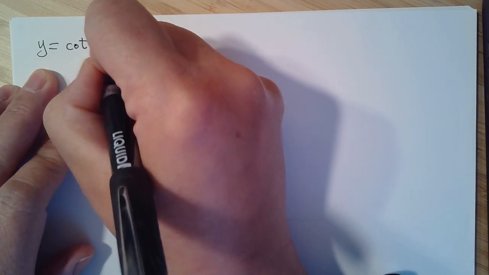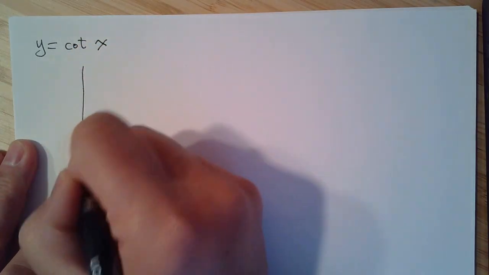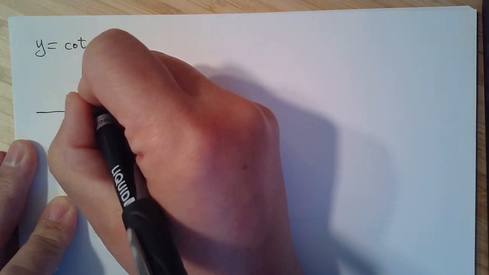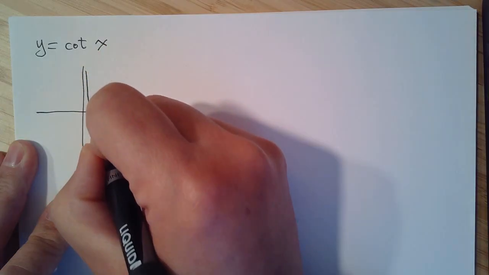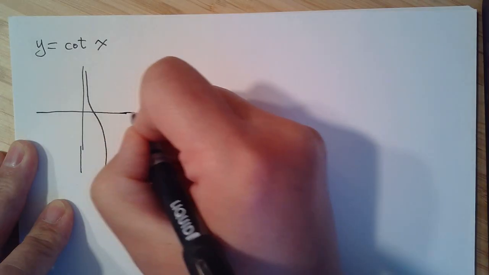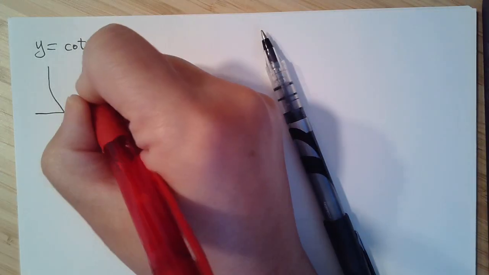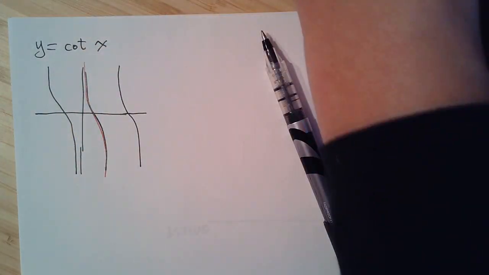So we've done tangent. All right, we do the other three. There are three more. So y equals cotangent x, which the graph looks like this. Again, we only take this piece where x and y have a one-to-one relationship.